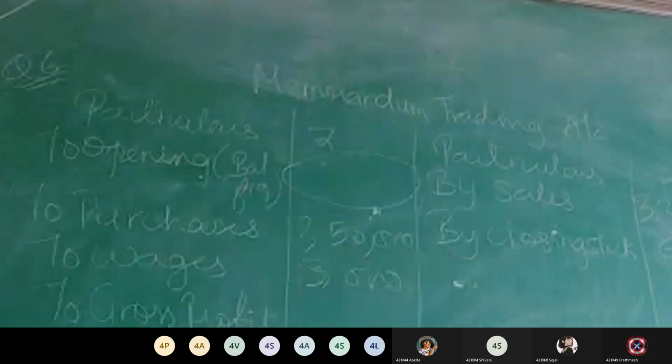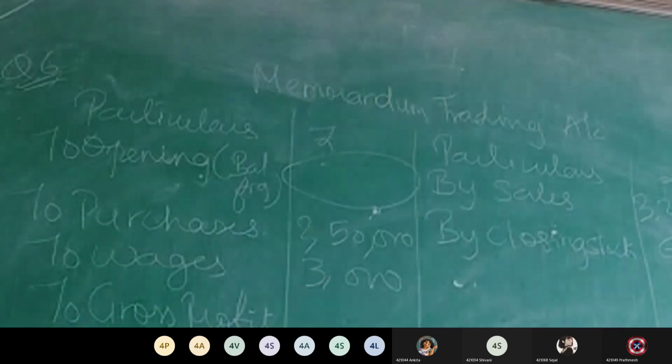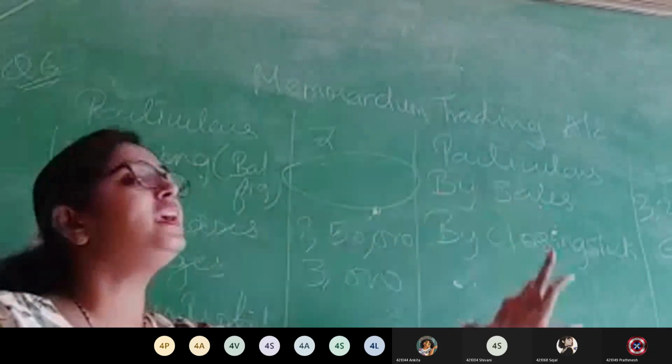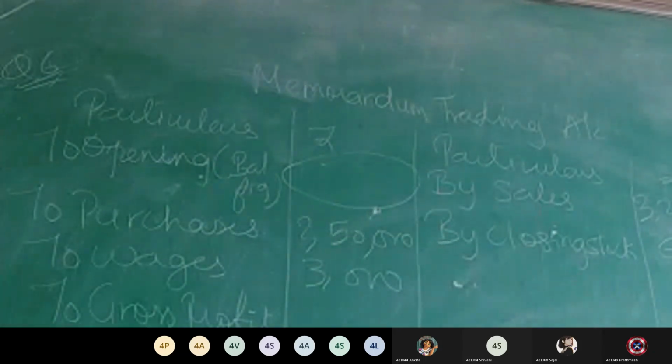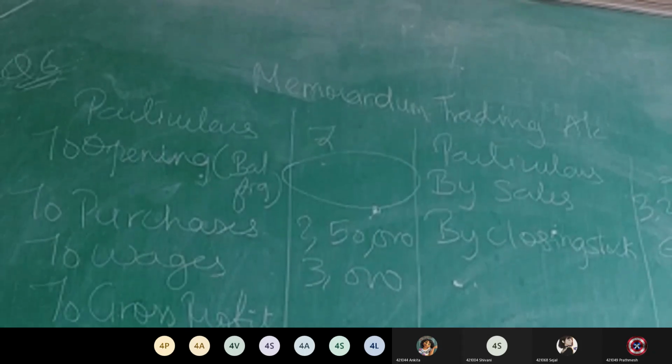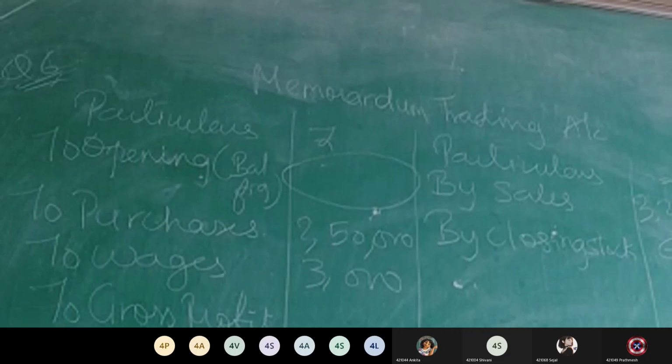So I have to find it out. If it is 25% on cost, not on sales, then what percentage will it be on sales? Can anyone tell me? How much percent? Normally people say it's 20%. But where did the 20% come from? You need an explanation as well, right? No one gives the explanation. They say, see, it's 25%, so take 20% profit. But you need a reason, right? Where did the 20% come from? It's easy.